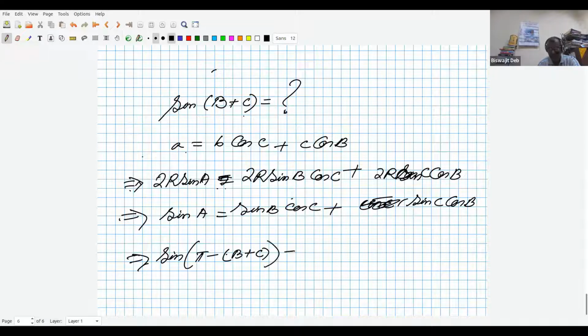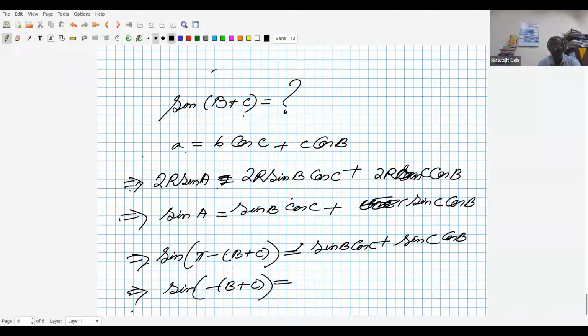So this side is sine B cos C plus sine C cos B. Just now we have seen that sine of pi plus theta we have written to be minus sine theta.